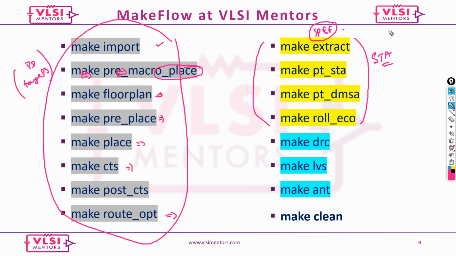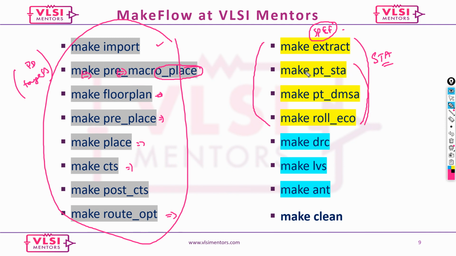You have parasitic corners like Cworst, Cbest, and typical, and you may have different requirements for your timing signoff criteria. You need to extract the SPEFs with respect to that. You may have to extract again based on 125C or -40C temperature, or different temperatures you might follow at the time of extracting the SPEF.